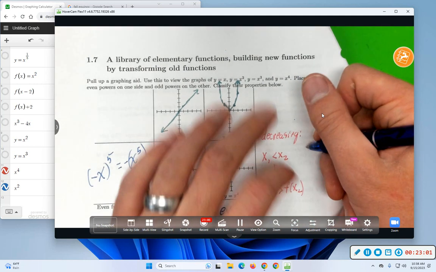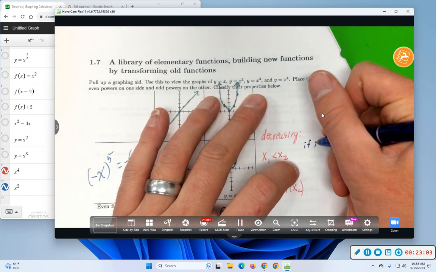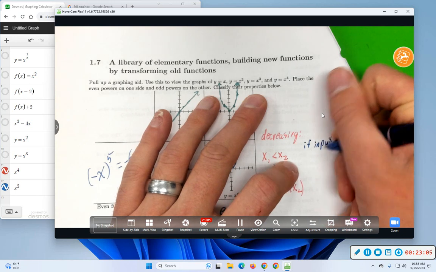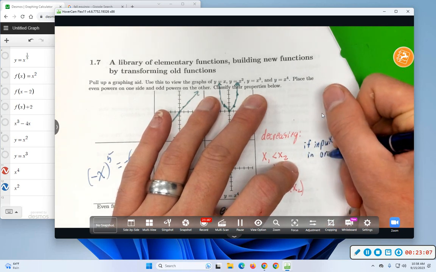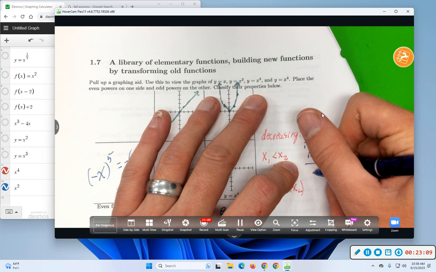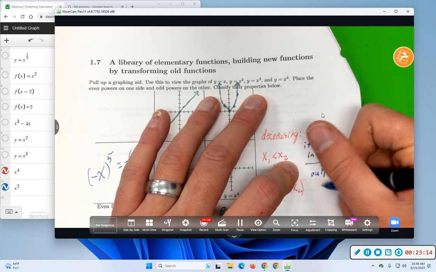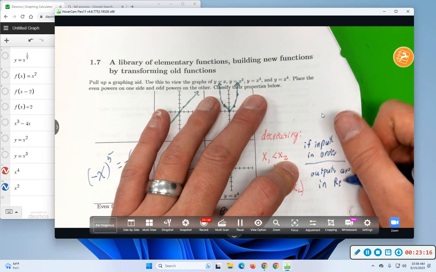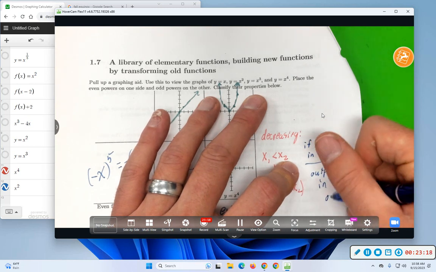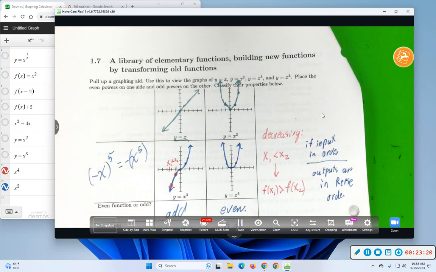If the inputs are in some order, then the outputs are in the reverse order. And let's just see if that happened.